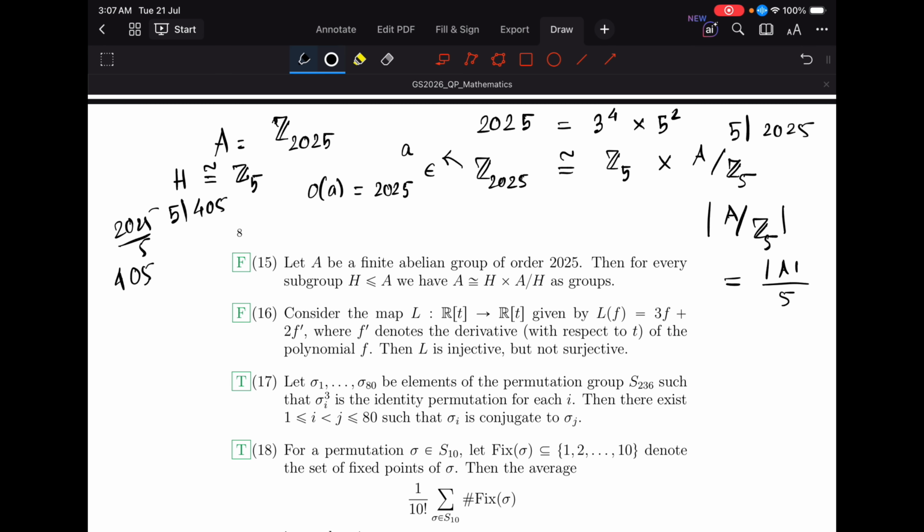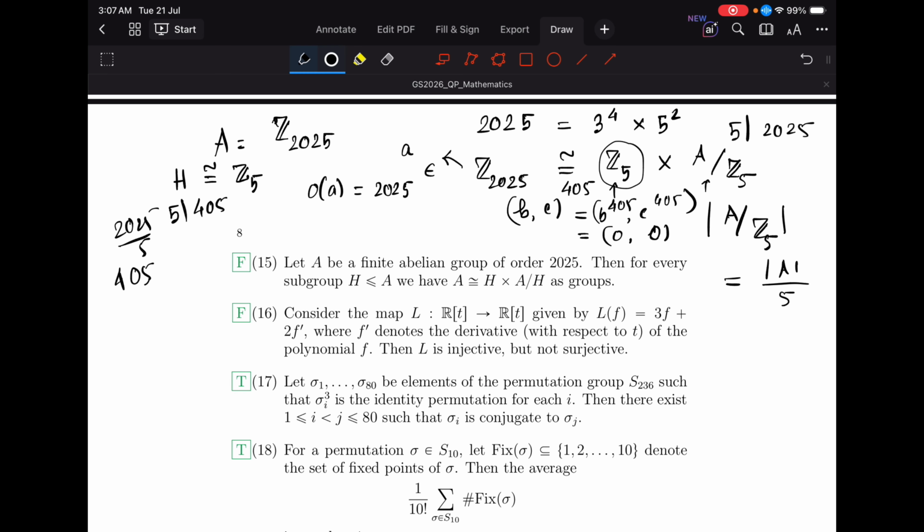Okay, but the point is, if you pick any element from the right hand side, the element looks like (B, C), and if you raise it to the power 405, you will get (B to the power 405, C to the power 405), and C to the power 405 is 1 because the right hand side has order 405, so that will be 0, and B to the power 405, as 5 divides 405 and this is Z5, so (0, 0).